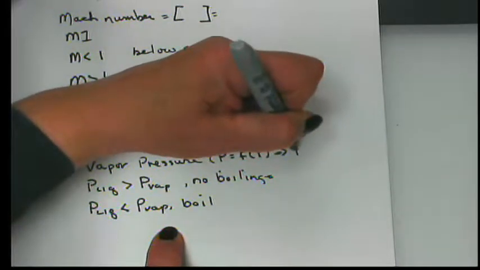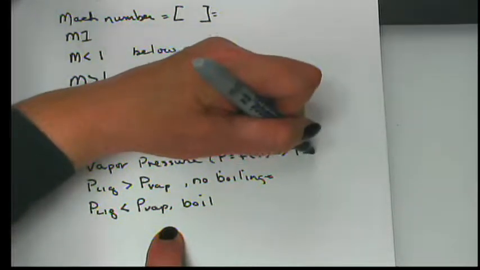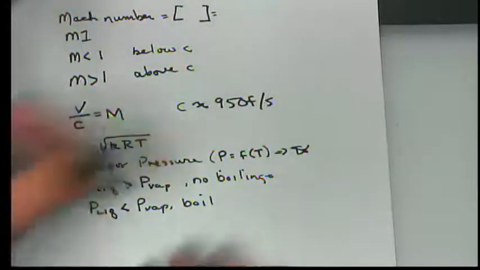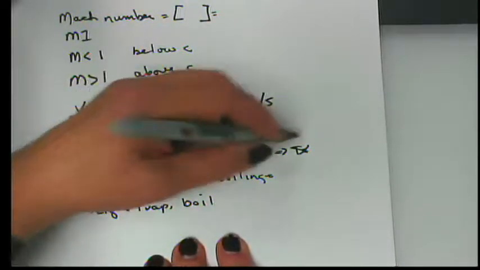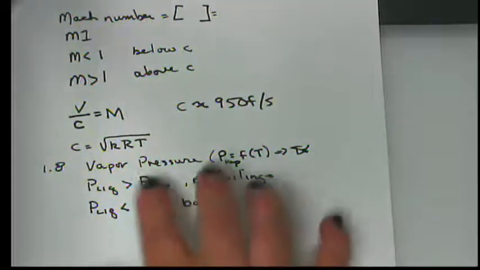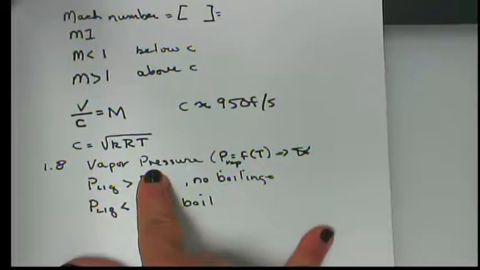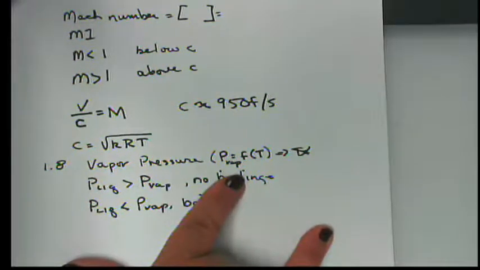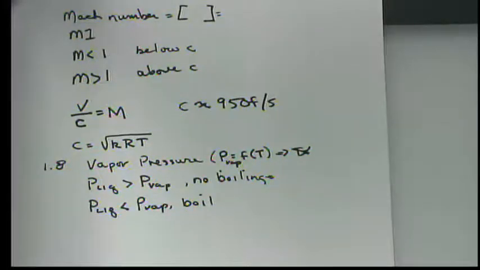You can say what is the vapor pressure of water at 100 degrees, or what's the vapor pressure of water at a certain set of conditions. But it changes based on the ambient conditions.